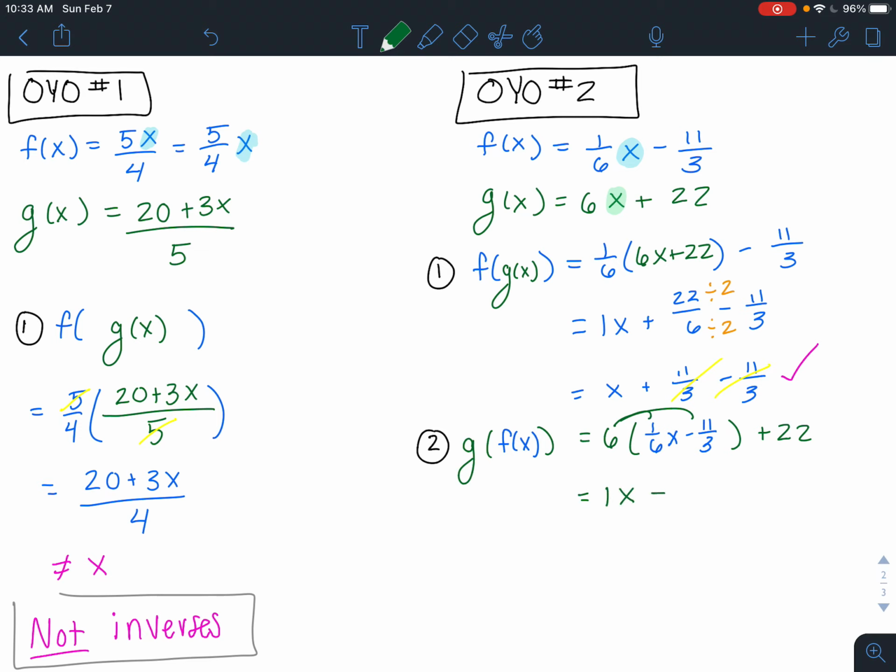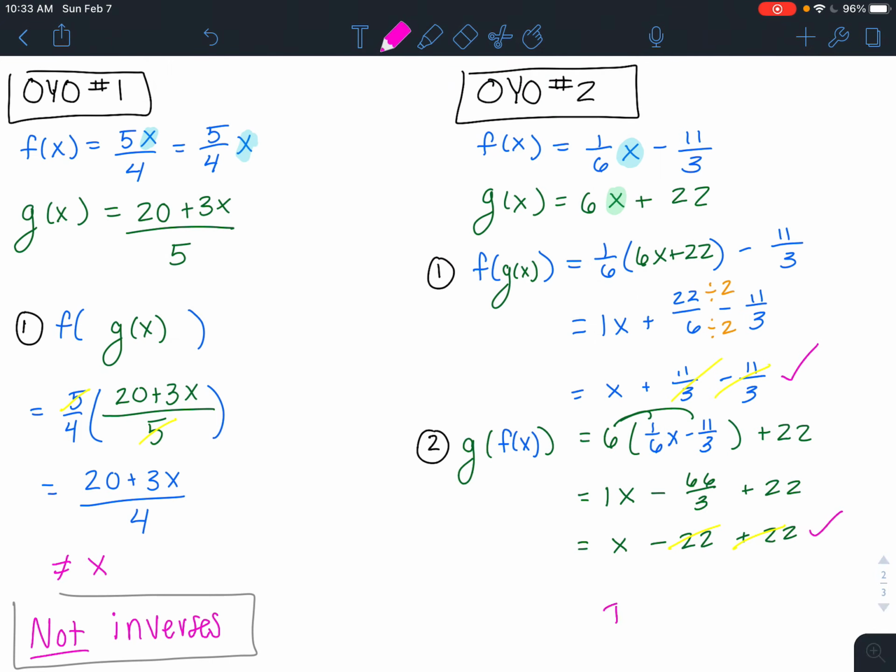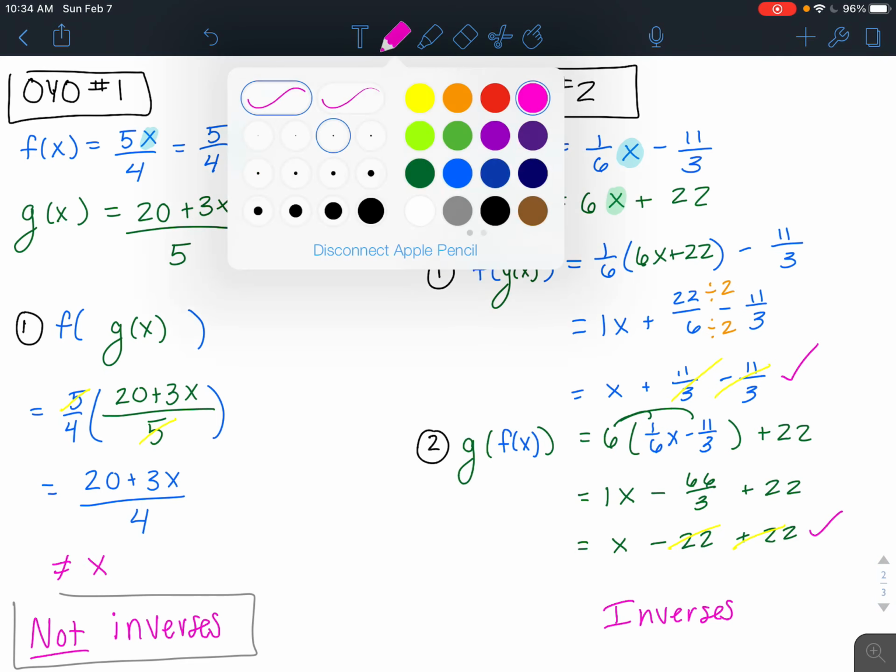So 6 times 1/6, if I distribute through, it's going to be 1x minus 6 times 11 is 66 over 3 plus 22. Now 66 over 3, that divides to be 22. So then my 22s are going to cancel out. And again, we're just left with 1x. So these are inverses.